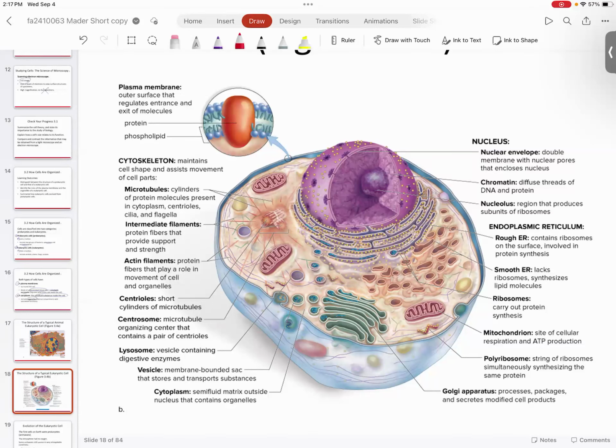Oftentimes, these structures are easily understood when you see them at work in their normal environment. It's kind of like if I wanted to understand all the positions on a football team, I could take each one of them and flashcard them out. Quarterback, basically, the captain of the offense, or running back does this.